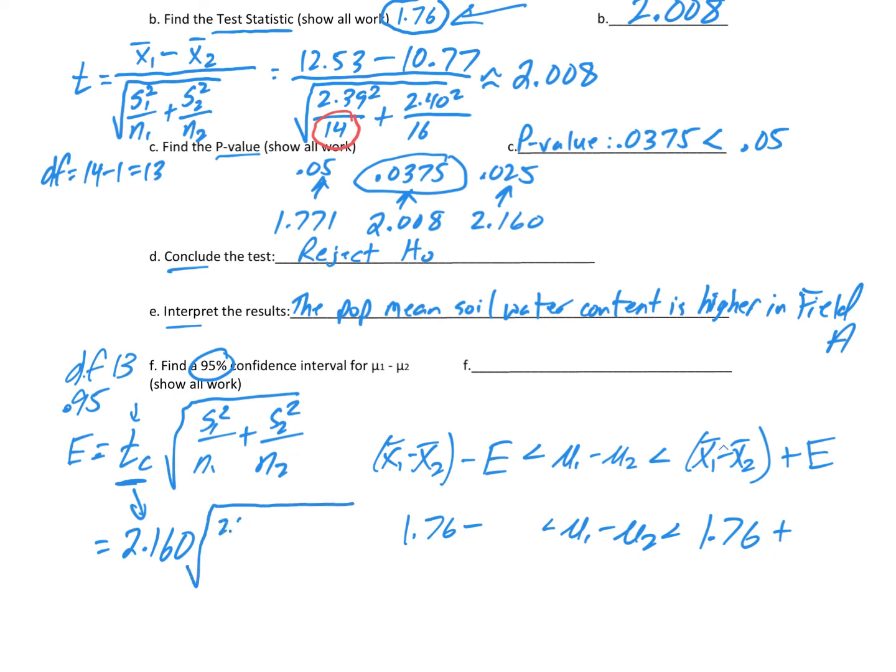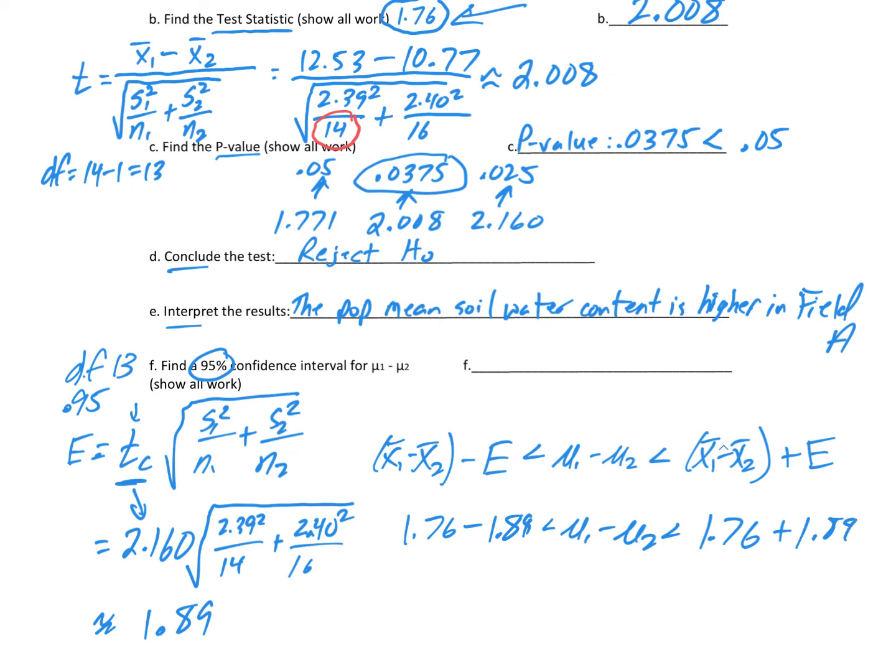This is still the 2.39 squared over 14, 2.40 squared, sorry about that, squared over 16. Plug it all in your calculator and I get 1.89. So we're going to subtract the 1.89 and we're going to add the 1.89.